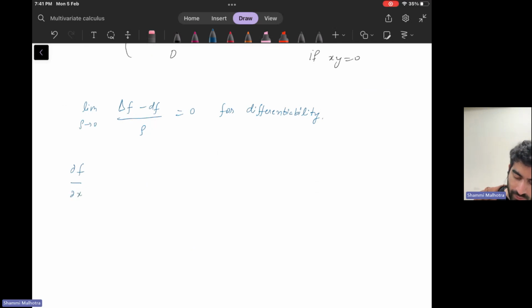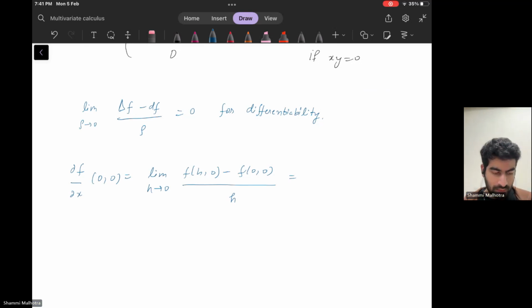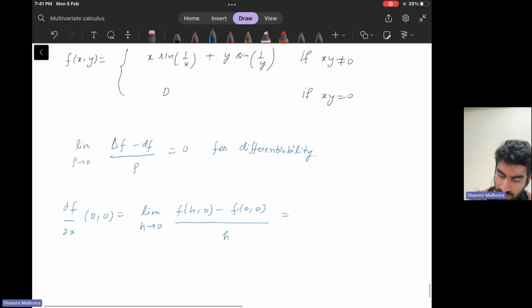So del f by del x at (0, 0) would be limit h tending towards 0 of f(h, 0) minus f(0, 0), whole divided by h. If we see, f(h, 0) is 0 because my product is 0. So this is limit h tending towards 0 of 0 minus 0 divided by h, so this is 0 only.